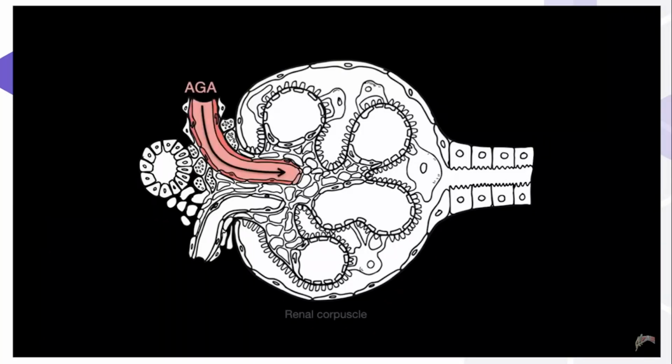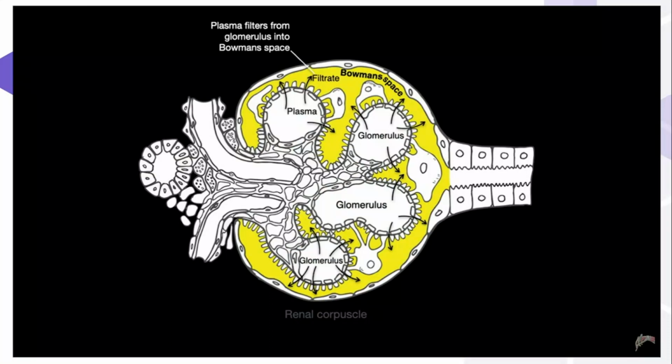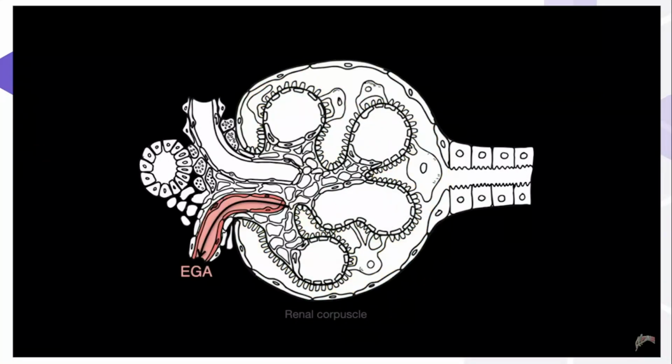This is the renal corpuscle: afferent glomerular arteriole, then plasma is filtered from the glomerulus into Bowman's space, or Bowman's capsule. You can easily see and understand.